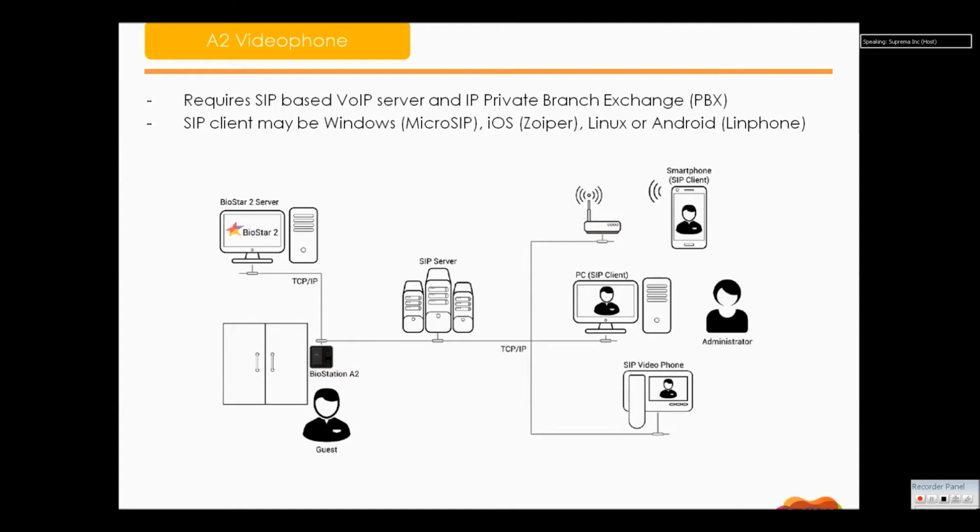Next, with BioStation A2, you can use the Videophone feature. If you have a session initiation protocol, that's the SIP, based VoIP server with IP private branch exchange, which is called IP-PBX. We do have instructions on installing and configuring an SIP server for A2 if you need them.